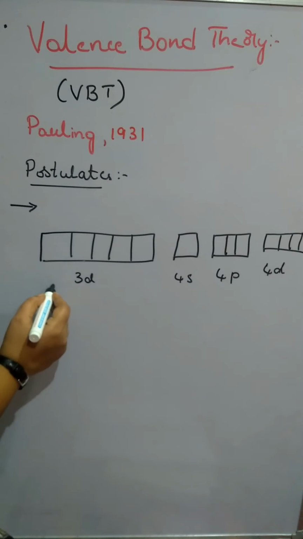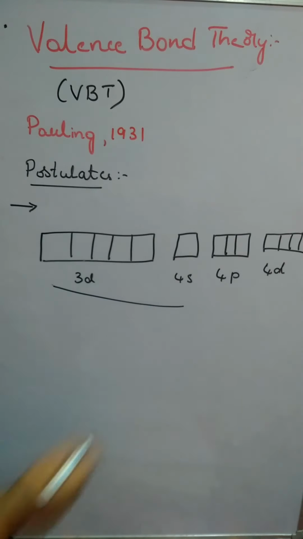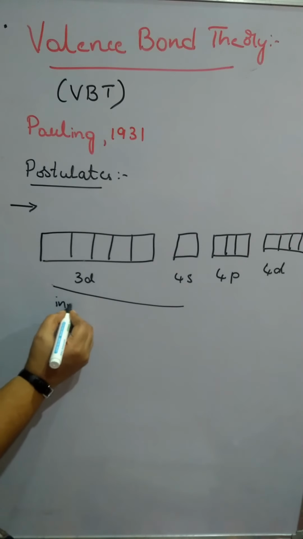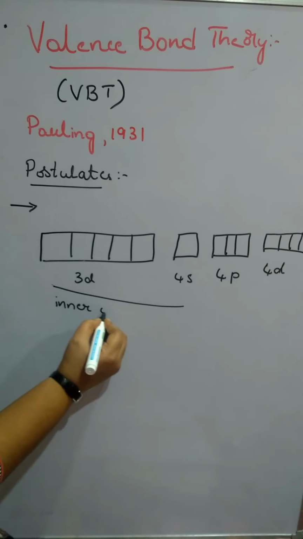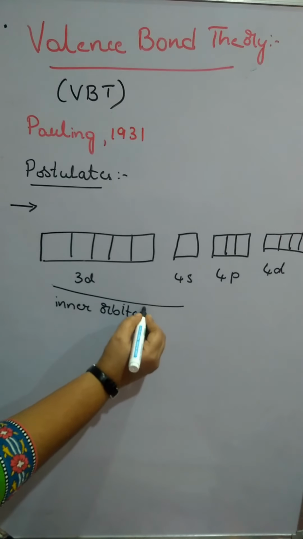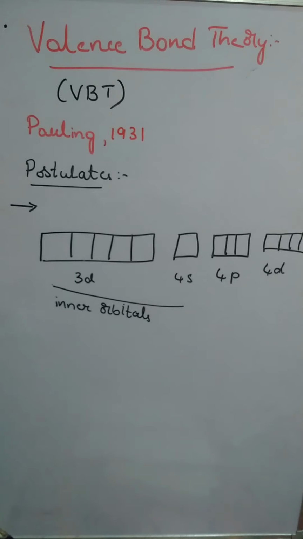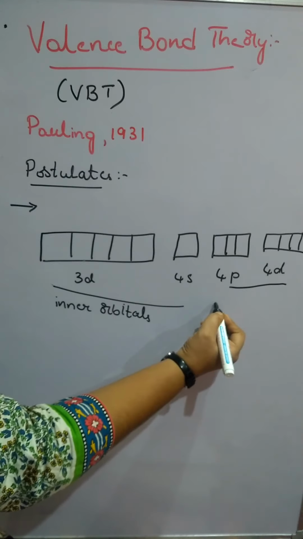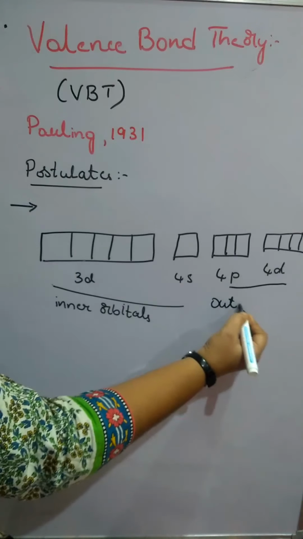If 3d orbitals are involved, it is called an inner orbital complex. So if the complex involves hybridization with 3d, the complex is called an inner orbital complex. If 4d is involved, then we call that an outer orbital complex.